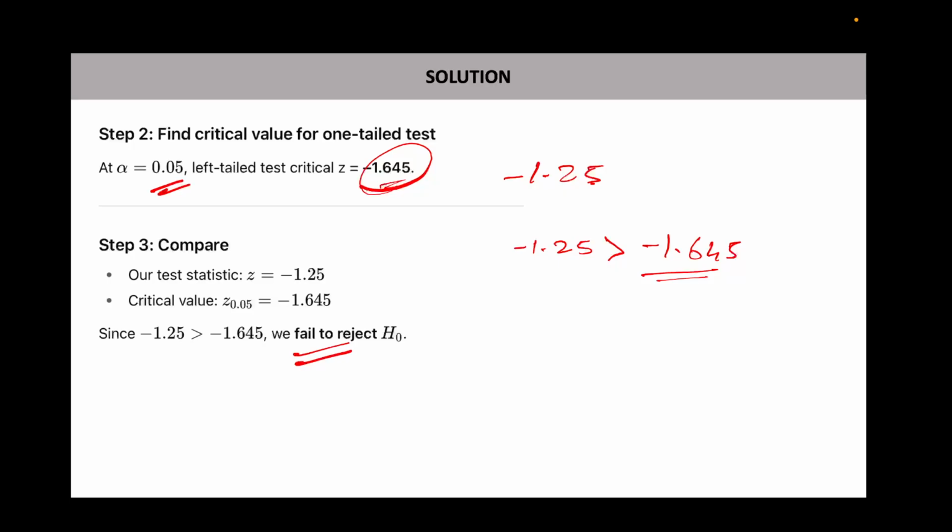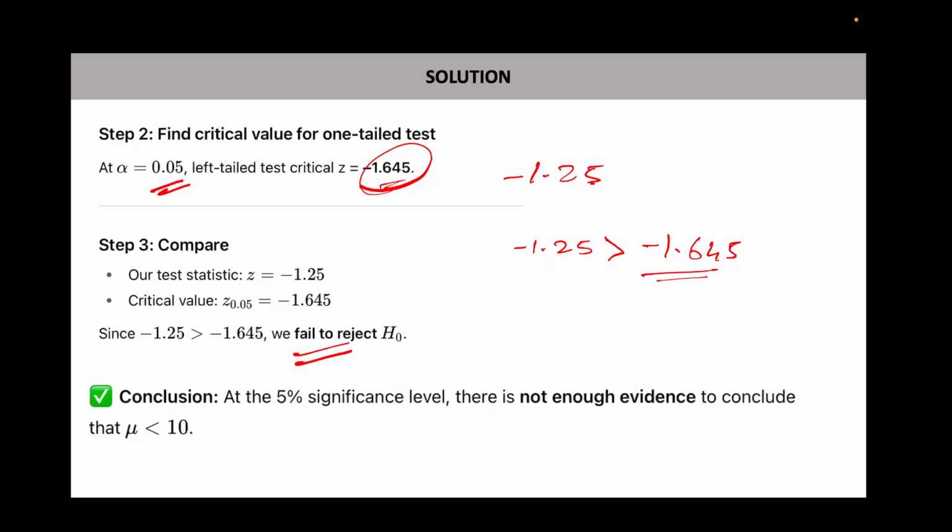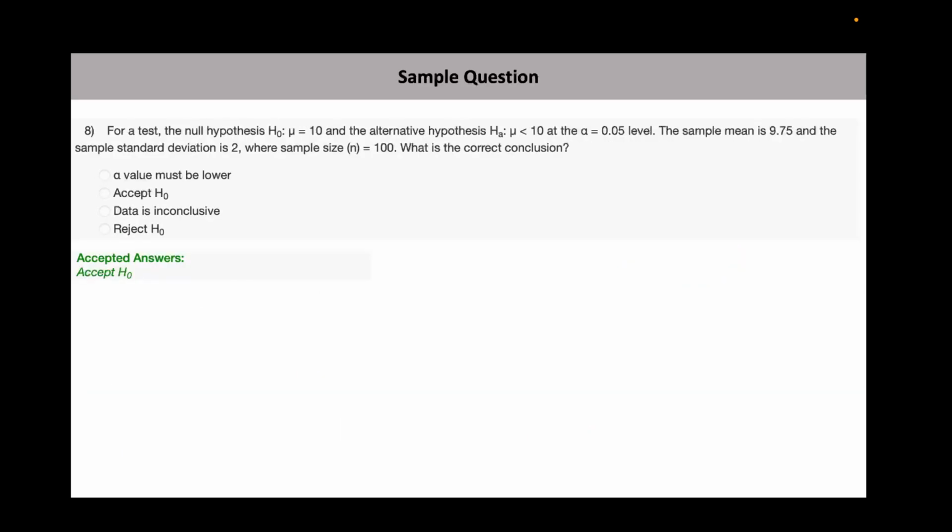If you fail to reject the null hypothesis, that essentially translates to: at the 5% significance level, there is not enough evidence to conclude that mu is less than 10. So in that case, the answer will be to accept the null hypothesis.